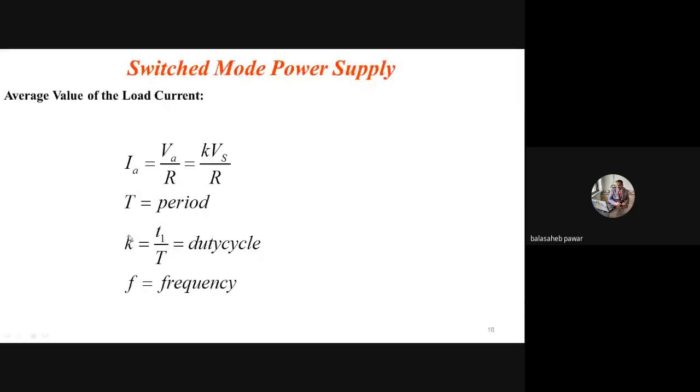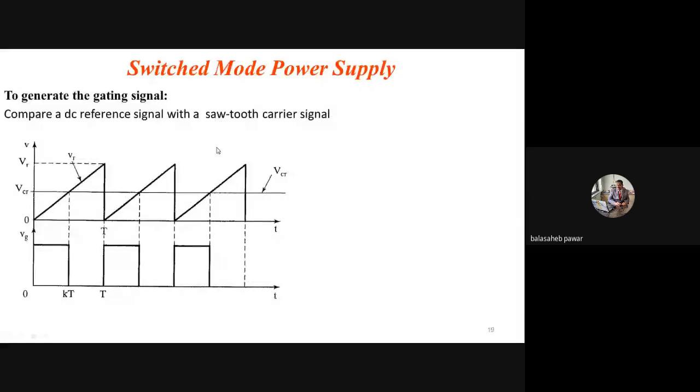All right. Now about how to turn on and turn off that switch momentarily. You will observe there are two waveforms. One is somewhat trapezoidal or sawtooth waveform, we can call it a sawtooth also, and another one is a straight line. That straight line I mention as VCR, that means carrier, and this sawtooth waveform is a reference.